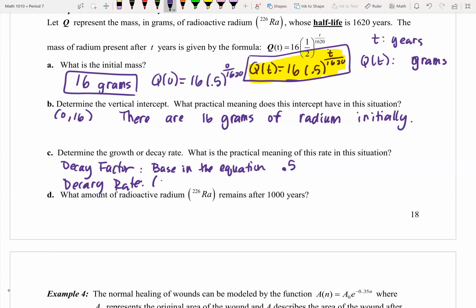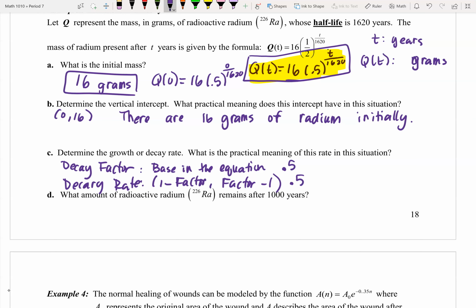You either go 1 minus the factor, or you go the factor minus 1. Whichever one doesn't give you a negative. So if you go 0.5 minus 1, you get a negative. So that's not it. So you switch it. So go 1 minus 0.5. What do you get? 0.5. So on this problem, the decay factor and the decay rate are the same.